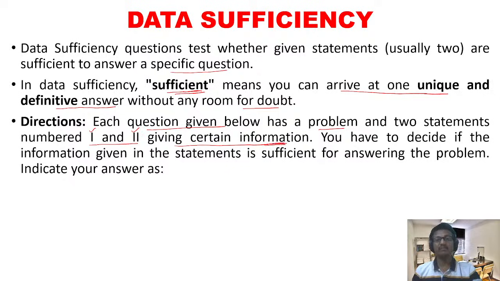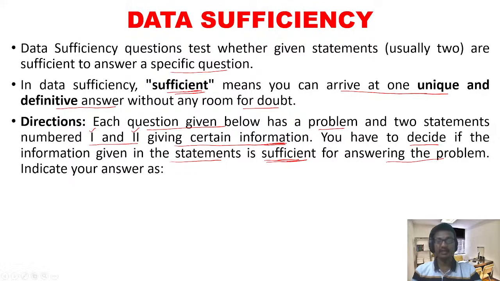That means they will pass on some data required for the question. You have to decide if the information given in the statements is sufficient for answering the problem. This is very, very important. So whether the given two statements are sufficient for answering the problem or not.